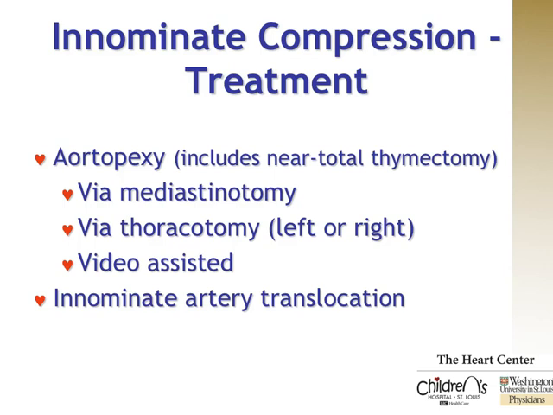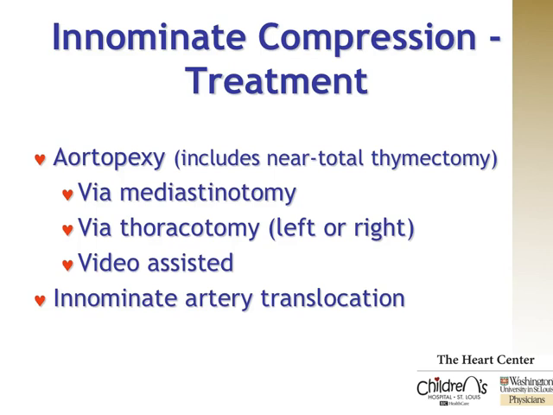But what's important to recognize is you're also doing a near total thymectomy, and that in and of itself may be as important a feature of the operation as moving the blood vessels around. You can do an aortopexy, and we're talking about an anterior aortopexy, bringing the innominate artery aortic junction anterior up against the back of the sternum.